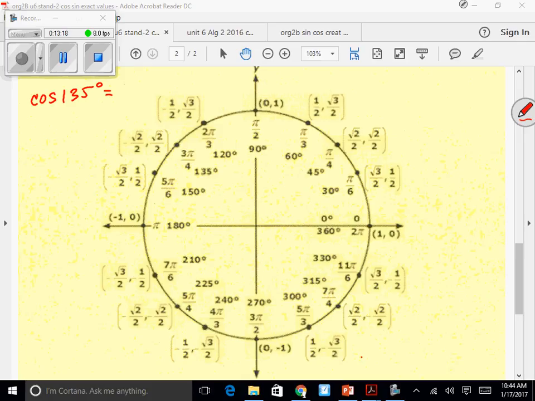Write down the sine of pi over 6. Next one.